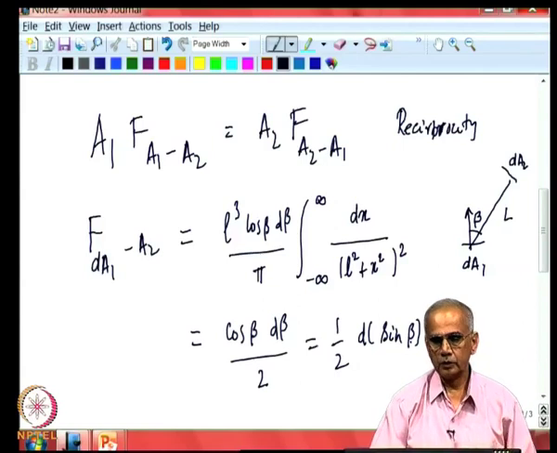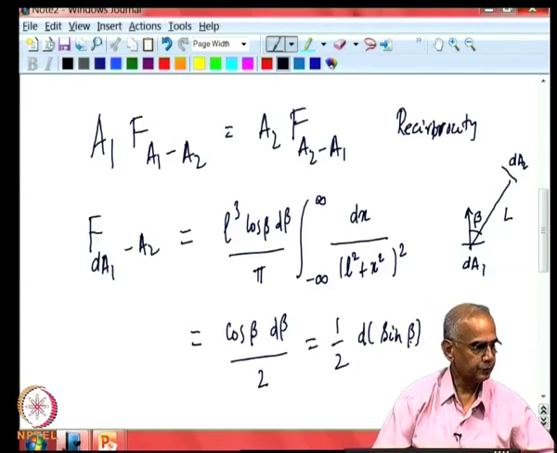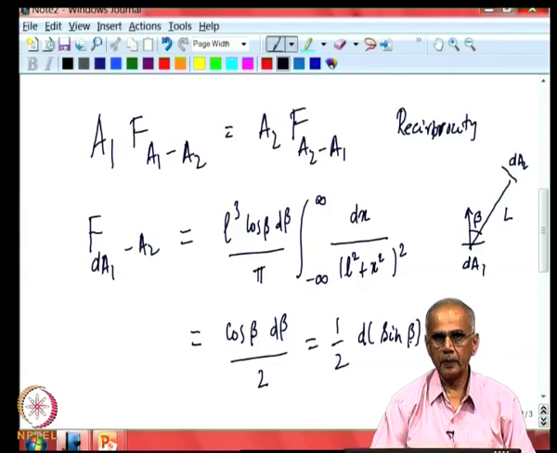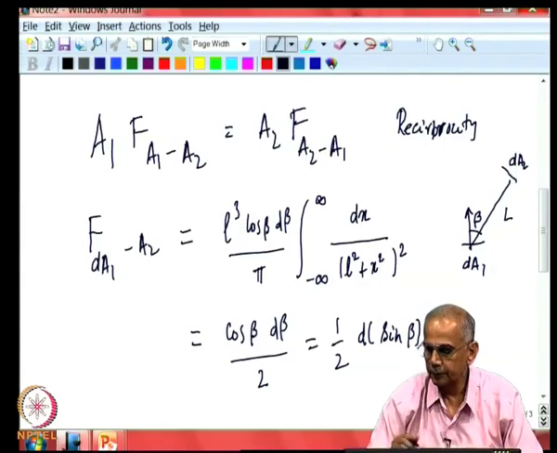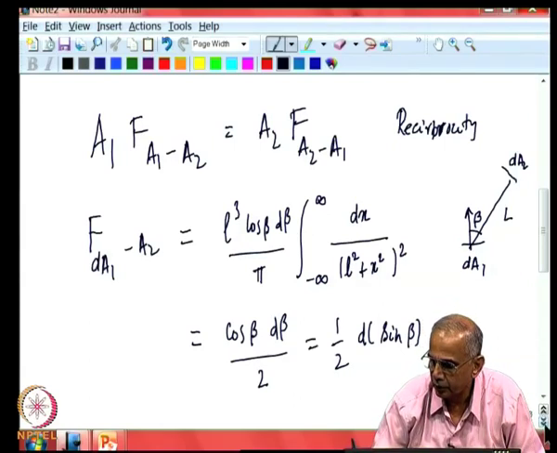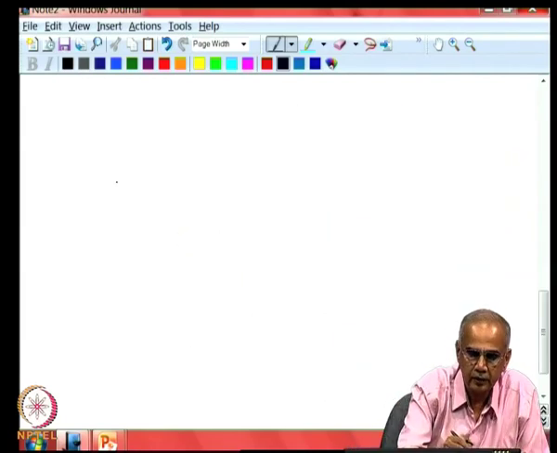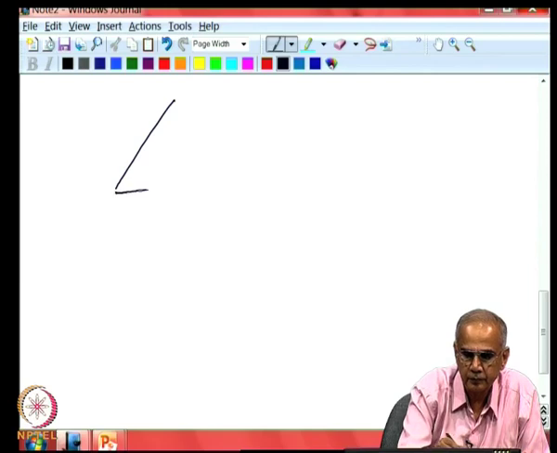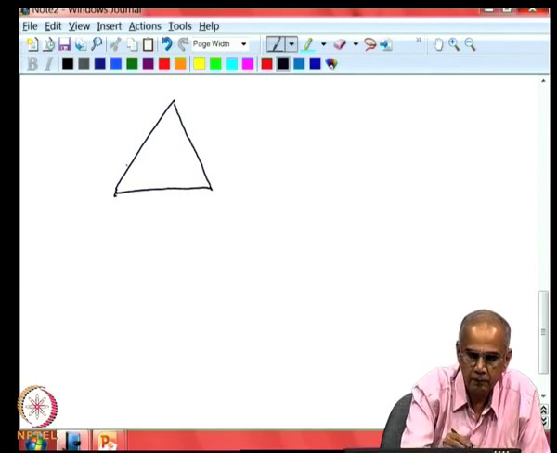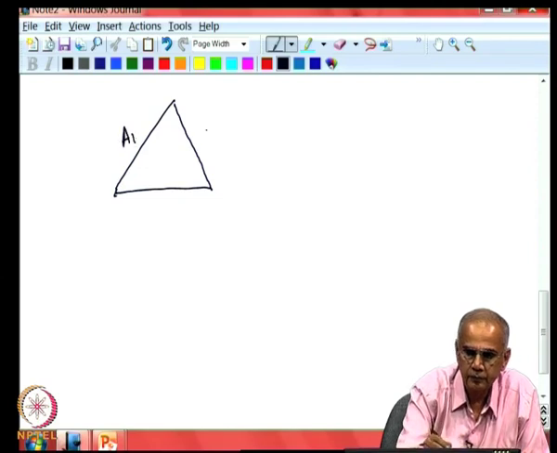Okay. So, we will look at that example now, and to do that I will take a simple example of a triangular system. Imagine we have a triangular enclosure, A1, A2 and A3.